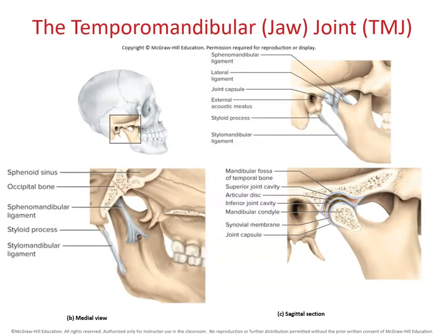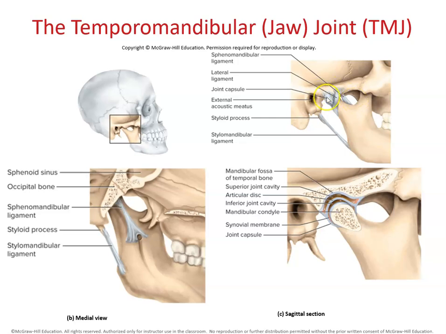So we can take a look right here at what this looks like. This is the region that we're looking at. Back here we have the sphenomandibular ligaments, and in the front, the lateral ligament. This is the external acoustic meatus, so this is where the opening for your ear is.